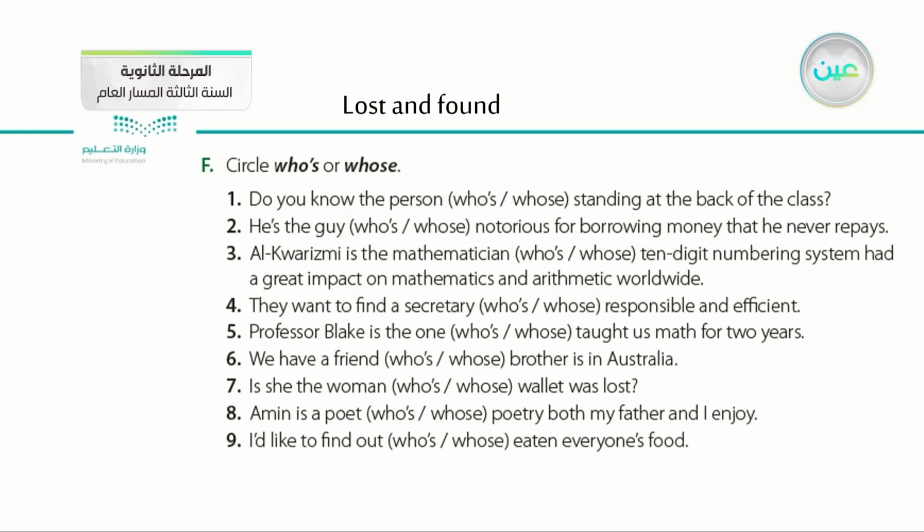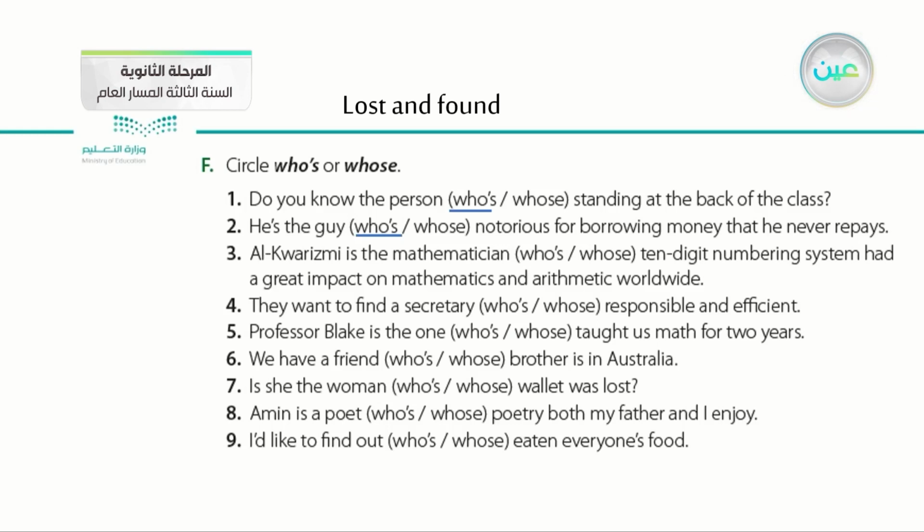Do you know the person who's standing at the back of the class? What do you think, guys? Is it this one or this one? Let's see together. Of course, it's this one. So this one is who is. Here we have an apostrophe, and this s belongs to the verb is.